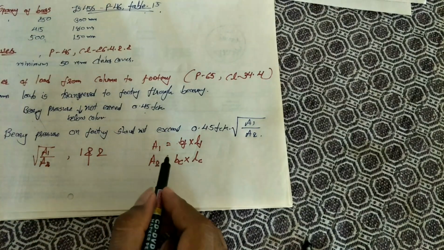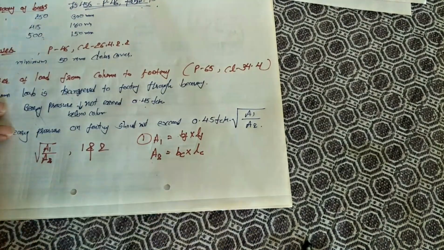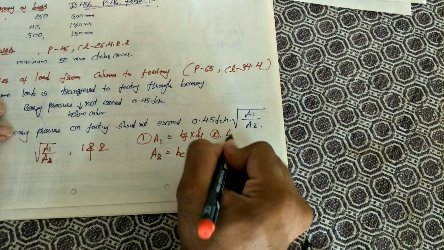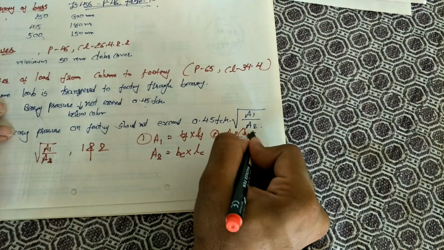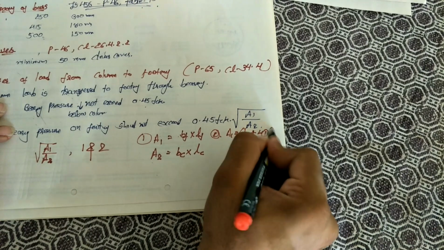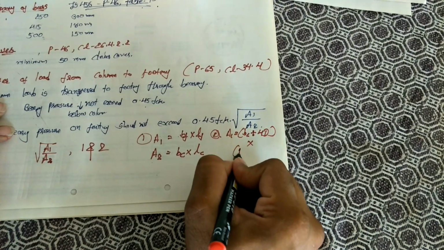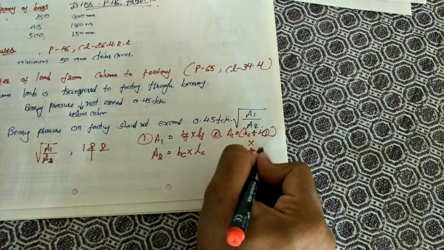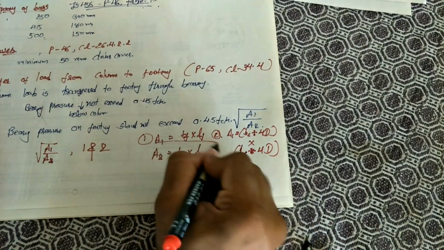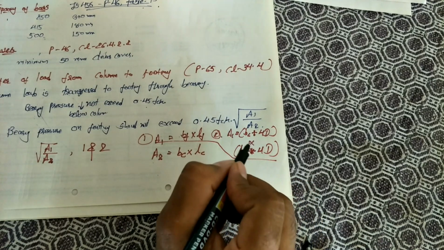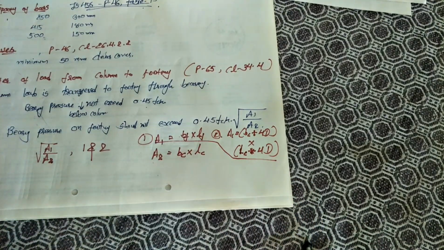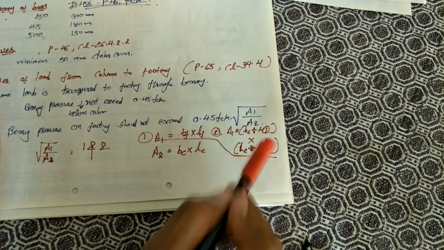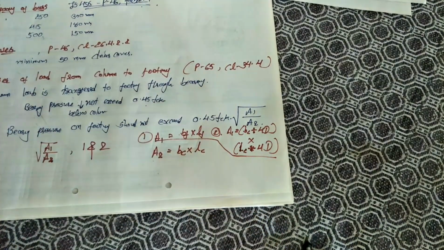The two values are: A1 equals BF into LF, and A1 equals BC plus 4D into LC plus 4D. The smaller of the two values we have to take as A1.